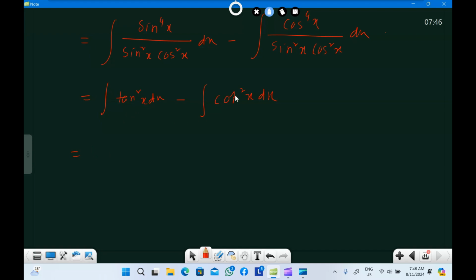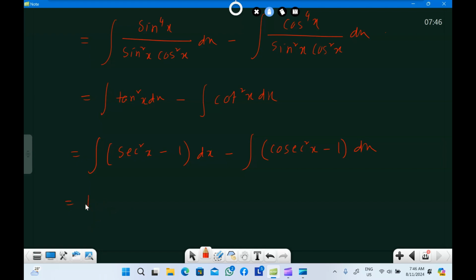Similarly, there is no integration formula for cot square x. So what to do? I can convert this tan square in terms of sec square as sec square x minus 1. You know this one. Then dx minus whole integration of this cot square can also be converted to cosec square x minus 1, then dx is equal to, now integration of sec square. You know this one, integration of sec square.